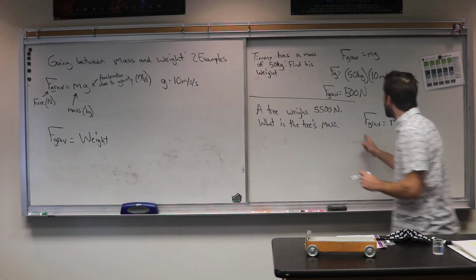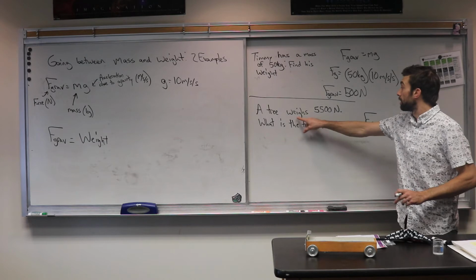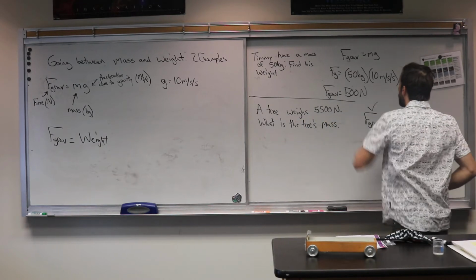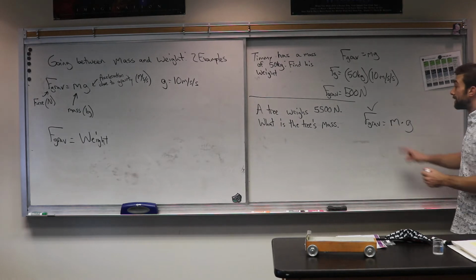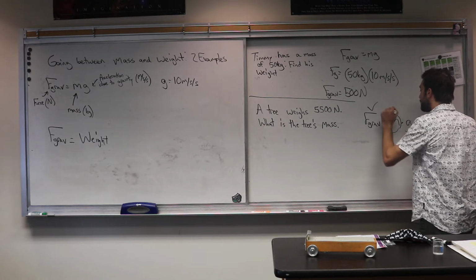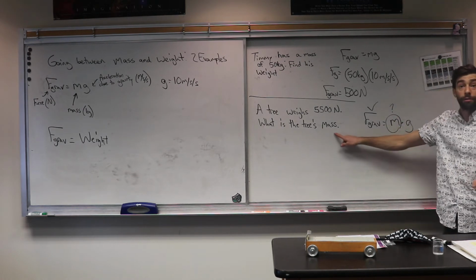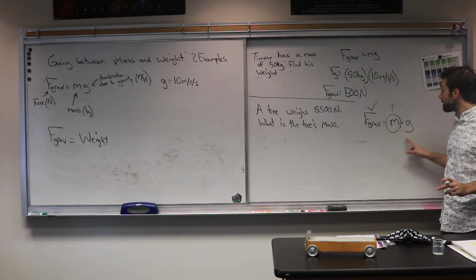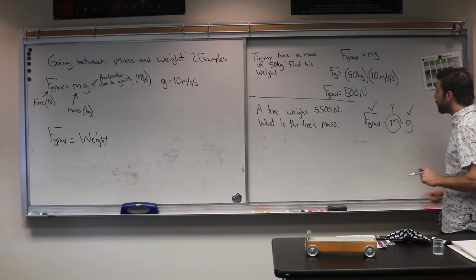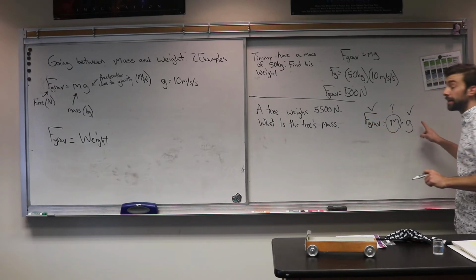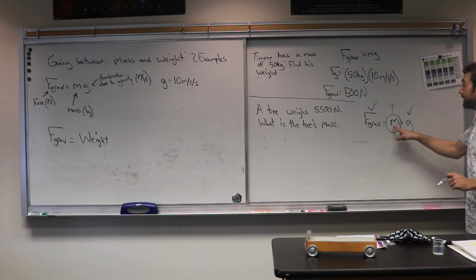So, we know force gravity equals the weight here. So, weight, we have it, force gravity, perfect. We don't know the mass, right? This is a question mark, we're solving for the mass. And g is always 10. We know that. Boom. So, we know force gravity, we know g, and we don't know mass.